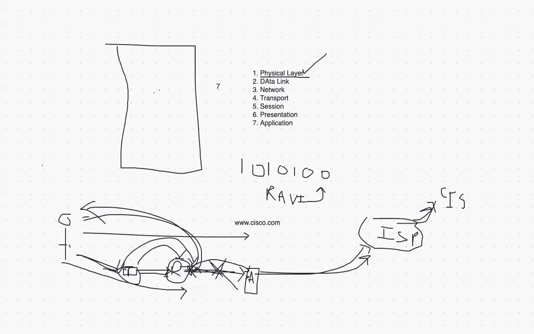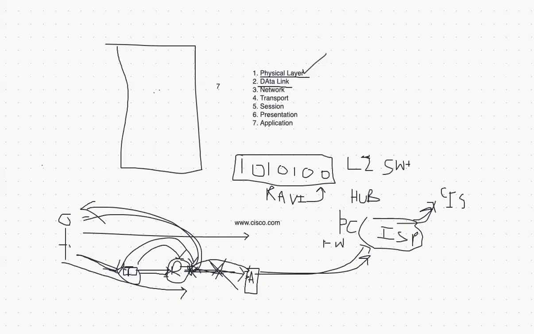So if there is a problem in the data link layer, that means that there might be a problem on a device which is forwarding this data. It could be a layer 2 switch, or it could be a device which is forwarding like a hub, or it could be a PC, or it could be a firewall as well.